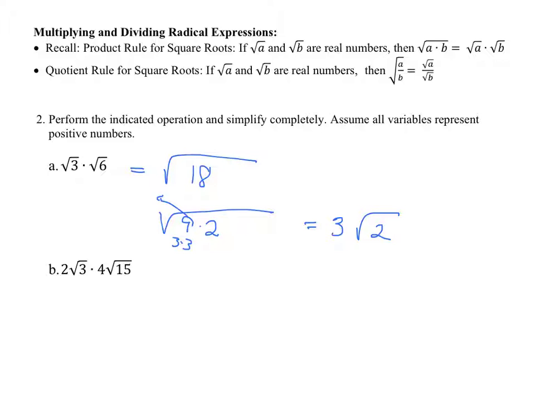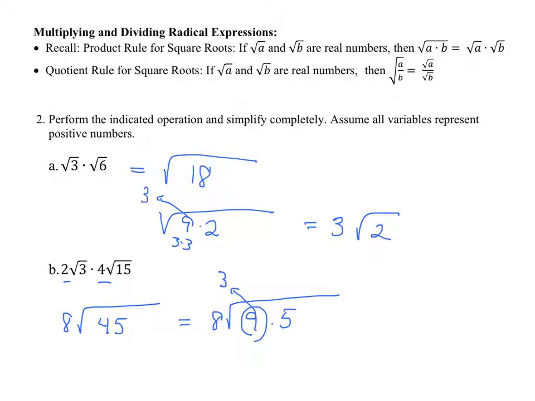Now let's do this one. This one seems crazy, but we're going to multiply the coefficients and then multiply the numbers underneath the radicals. And then I would say to myself, well, I'm done. But I'm not, because I can simplify the square root of 45. That's 9 times 5, and the 9 comes out as a 3, right?